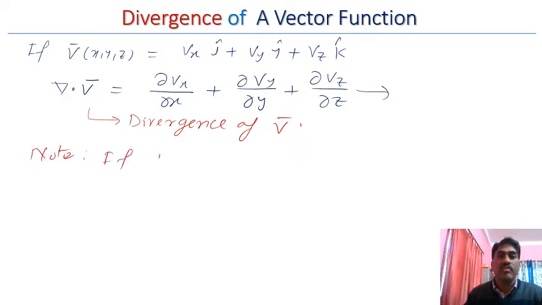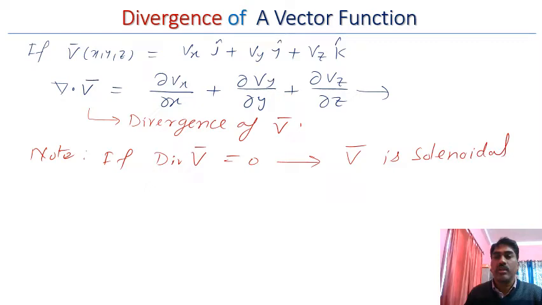Note that there is a definition: if divergence of V is equal to 0, we say that V is a solenoidal vector. Solenoidal vector, this is the name. We will discuss in the next lecture or some other lecture what the physical importance of divergence is and why we call it a solenoidal vector. But remember that when divergence is 0, the vector is solenoidal.